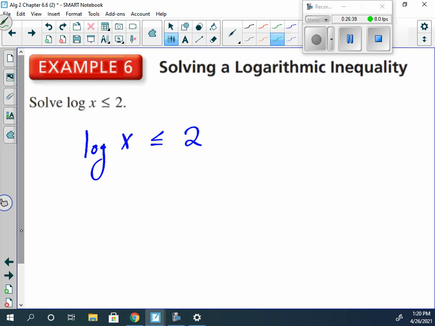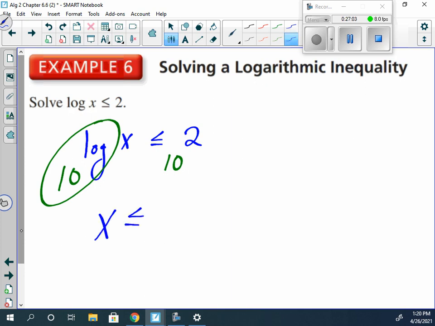I want to simplify the logarithm first. The first thing we can do is put 10 as the base of both sides, because 10 to the log base 10 of x will simplify to just what? x is less than or equal to, well, 10 squared is 100.